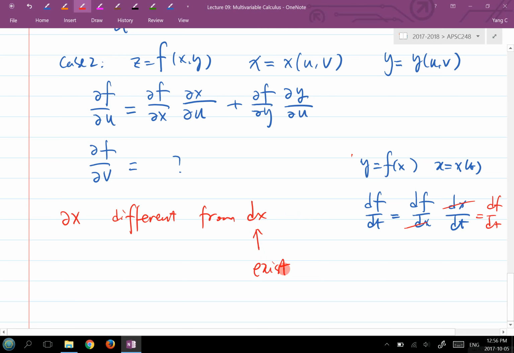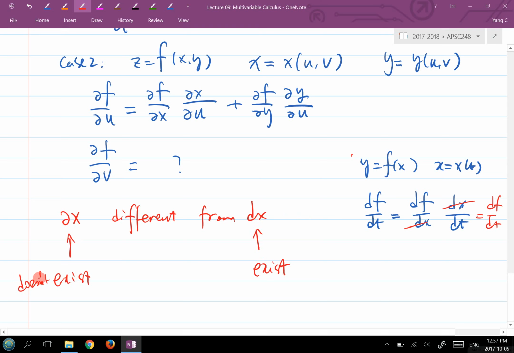This is a dx that exists, something you can tell people. But this one technically doesn't exist. It's not a real quantity, so you can't actually cancel it. It's a mathematical symbol, essentially. So you've got to be careful when you deal with the straight d and the partial d.